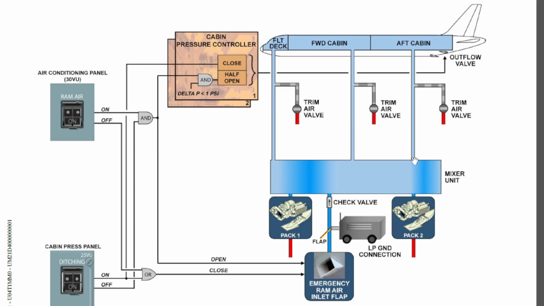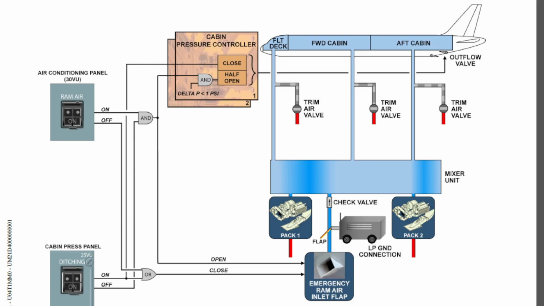You will not have air supply if you don't have the packs. In this situation you need to have some sort of air supply source to these zones, otherwise you will not have fresh air for passengers to breathe in.